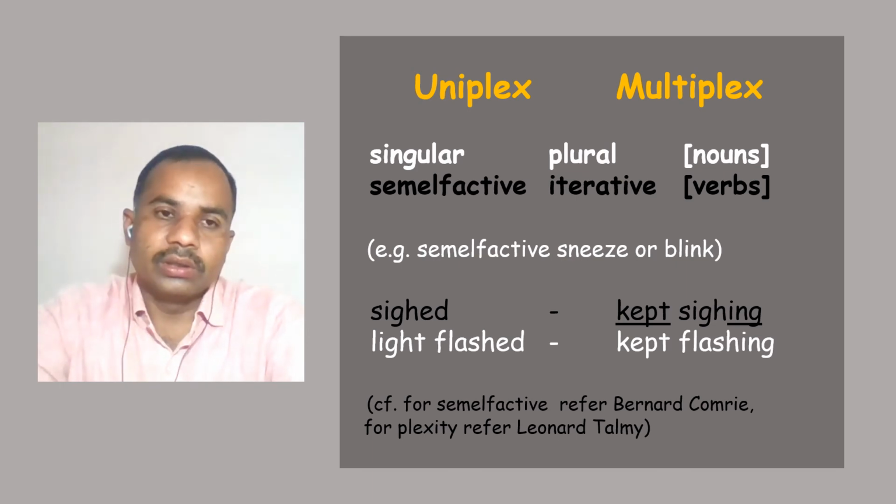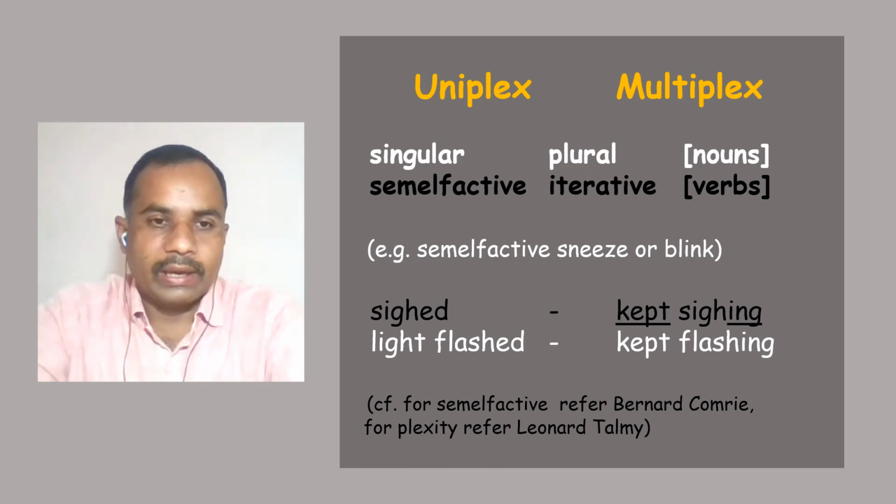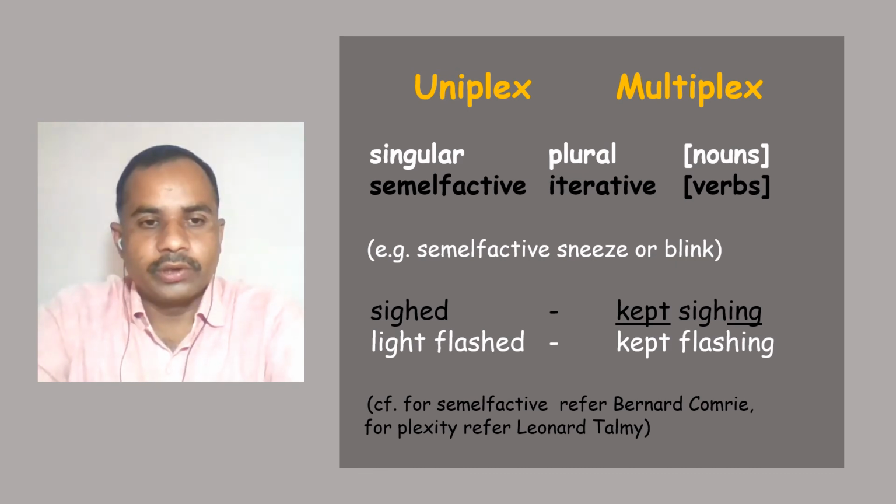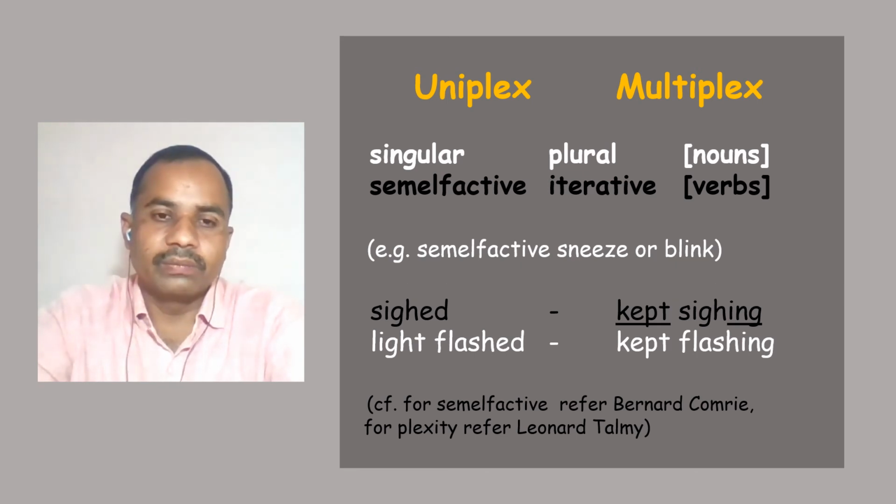But here they extended the idea of this quantity to verbs even. So we have a semelfactive aspect of verbs and the iterative, that is, repetitive kinds of actions. For example, in semelfactive, Comrie includes sneeze, or blink of the eyes, and some things like babble or chuckle or giggle are behaviors we do repetitively.